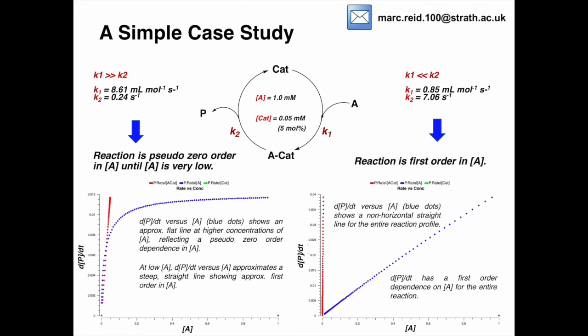The rate of formation of product has a first order dependence in the concentration of A for the entire reaction. In this case, even at very low concentrations of A, the first step remains turnover limiting. There's no switch in the turnover limiting step when the first step has the lowest rate constant.